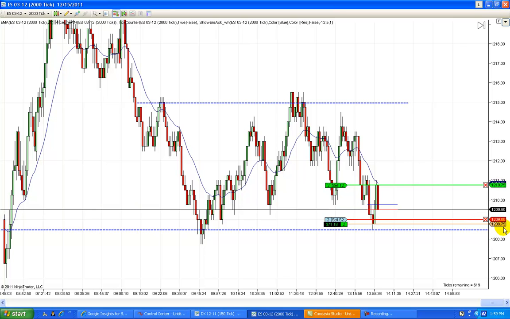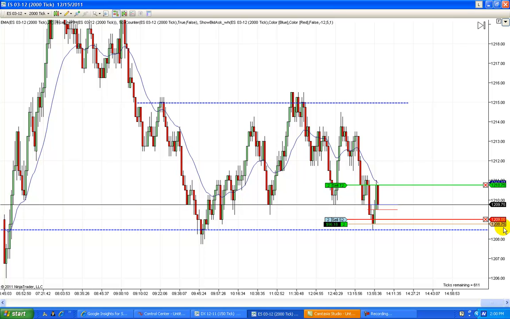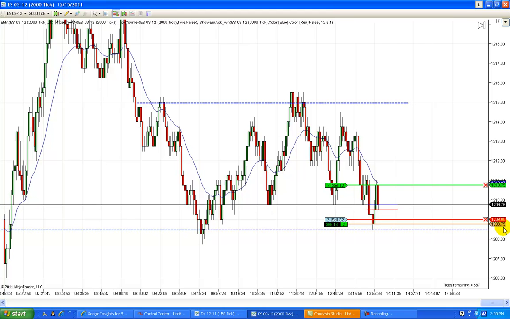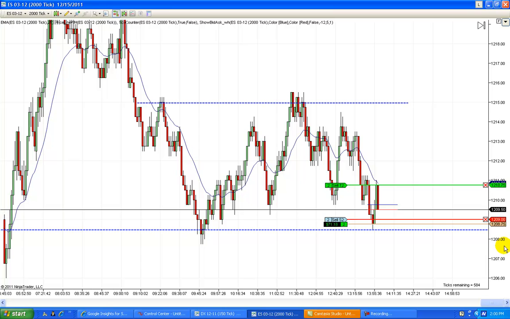So we'll just leave our stop at break even plus 1. The worst we'll do is we'll make another 2 ticks here on these last 2 contracts.